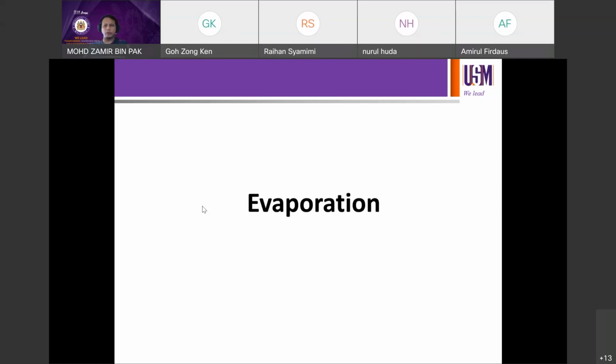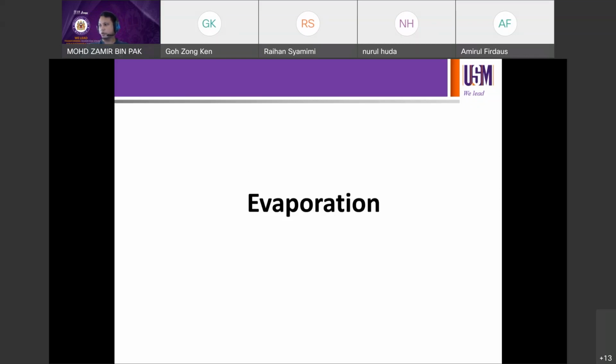All right, let's continue with thermal evaporation. Not only thermal evaporation, but thermal and electron beam evaporation. As we discussed last time, evaporation is one process that falls under PVD, or physical vapor deposition.